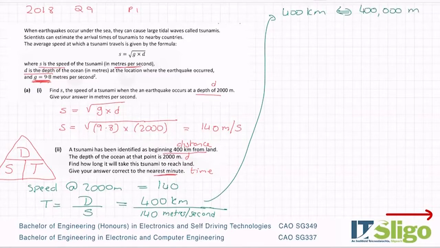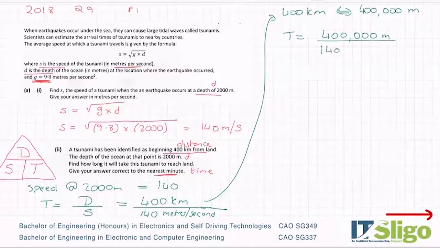So sometimes in these questions, especially wordy ones like this, if you write down the units, you can see what unit will my answer be in, and do I have a mismatch of units here? So now if I try my time, I have 400,000 meters over 140 meters per second.